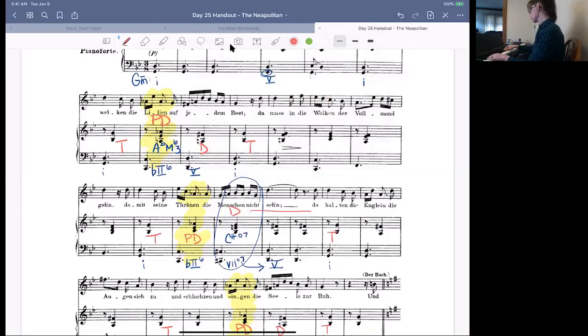So you can have just a regular 1, 4, 5, 1. If you want to get a little spicier, you can have a 1, 2, 6, 5, 1.